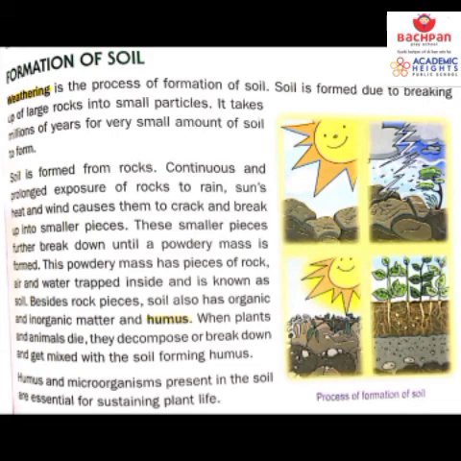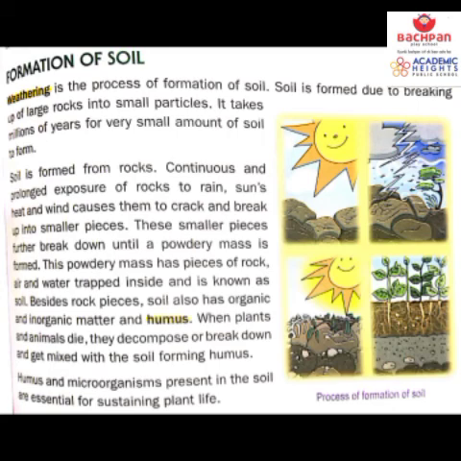Continuous and prolonged exposure of rocks to rain, sun, heat, wind causes them to crack and break down into smaller pieces. जब ये rocks crack हो जाते हैं बच्चे, due to the different climatic conditions, तो यहाँ पर क्या होता है, smaller pieces further break down until a powdery mass is formed. ये smaller pieces get carried away by the rivers and all and are broken down by water. अब जब ये लोग और break हो जाते हैं, so you should be remembering that powdery mass has some pieces of rock.